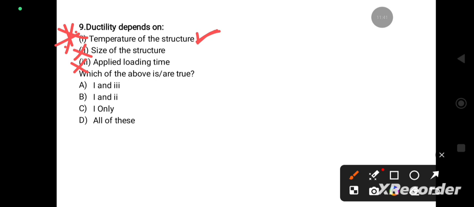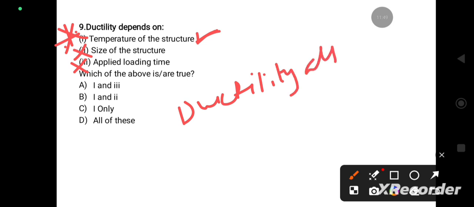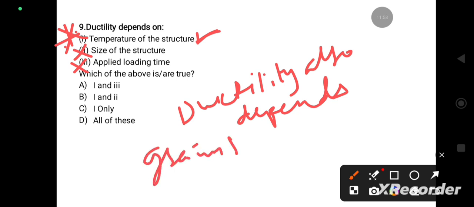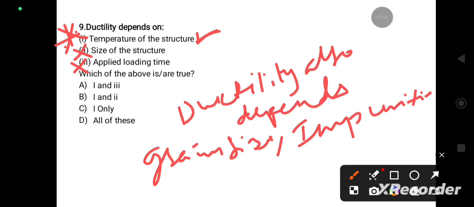Along with temperature, ductility also depends on the grain size of the material, and on impurities, because based on impurities the material will behave differently.